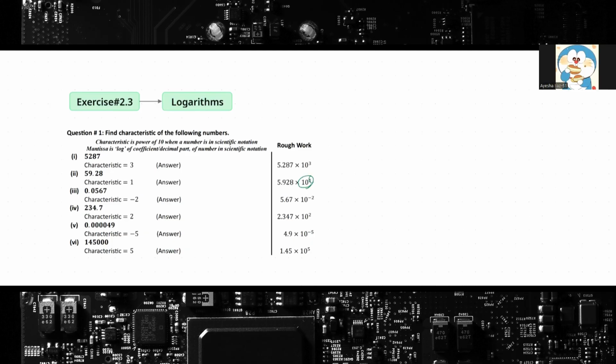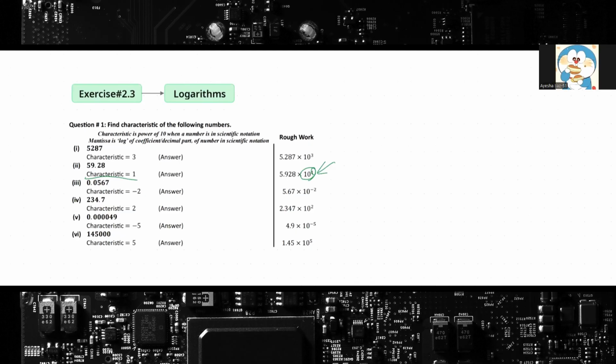Just like the power of 10 over here is 1, so the characteristic of this number 59.28 is 1, right? So just write the number in scientific notation and find the power of 10, and that will be your characteristics. That's how you're going to solve question number 1 of exercise 2.3. Okay, so it's very easy.